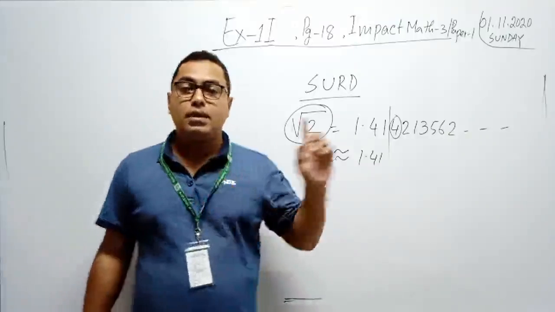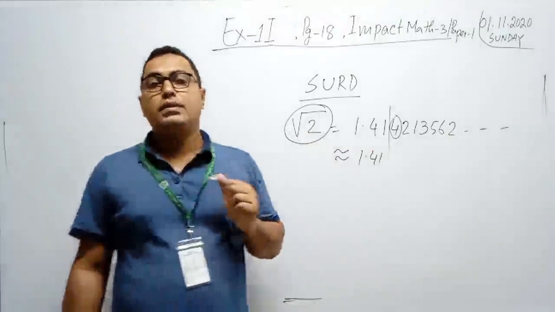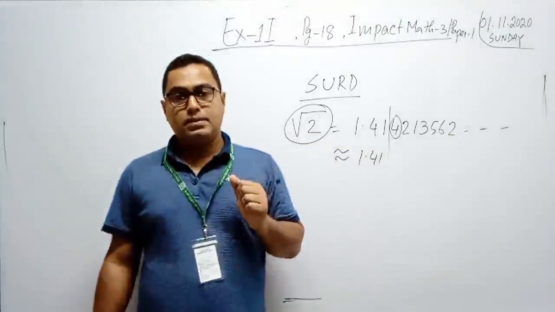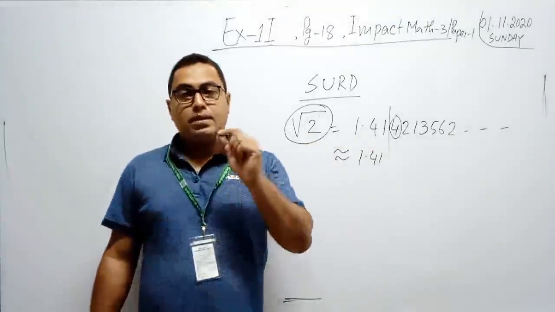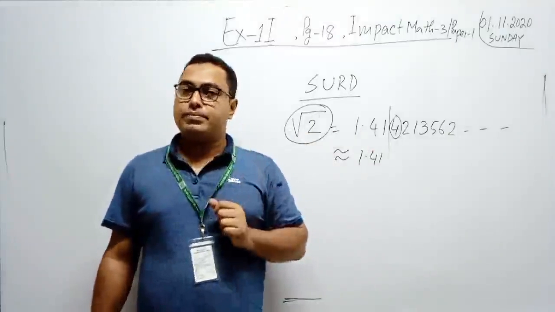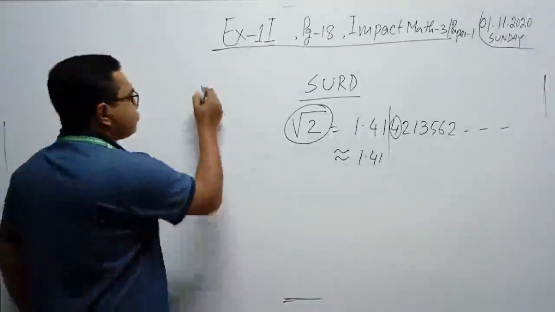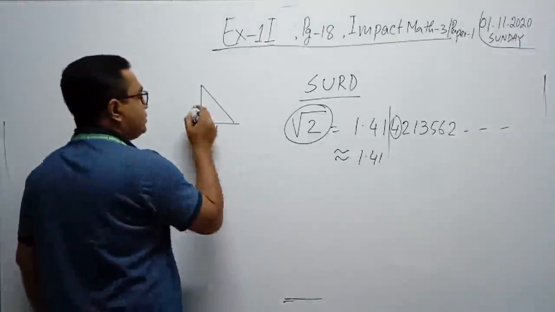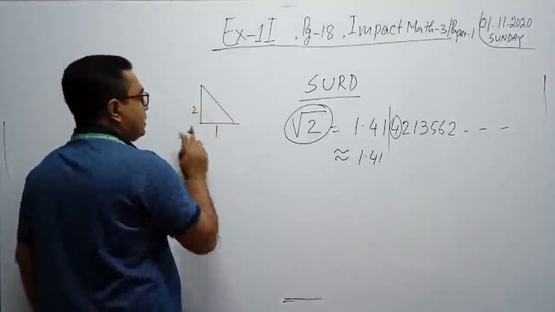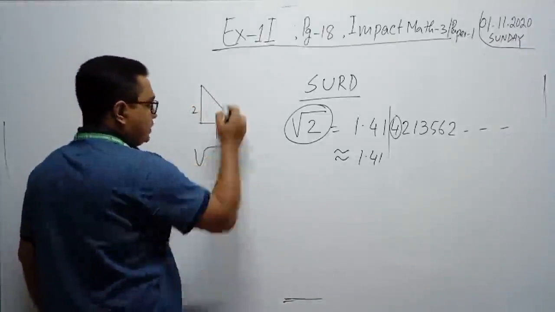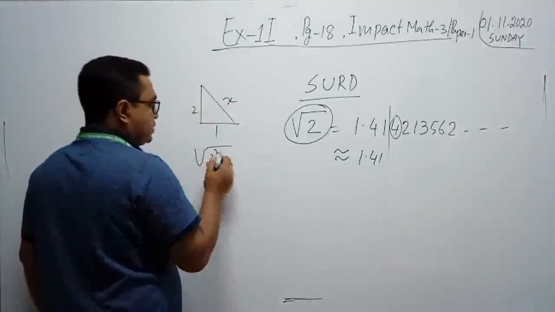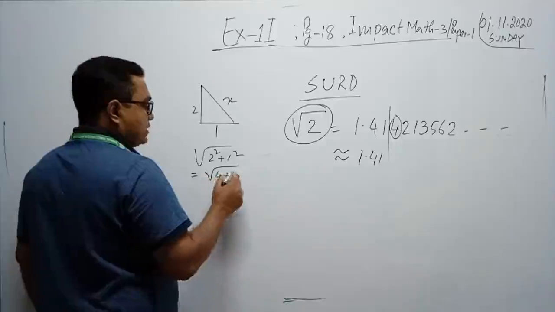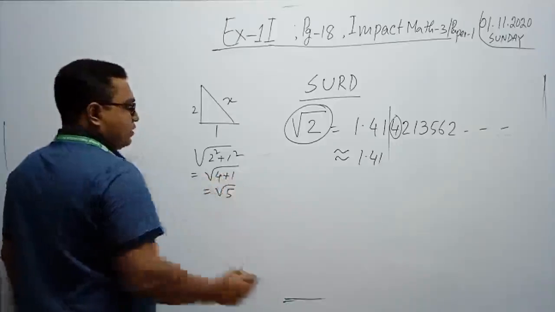In our first monthly, we solved a few maths problems using Pythagoras theorem. Suppose for this triangle, with sides 1 and 2, the hypotenuse x is square root of 1 square plus 2 square, square root of 4 plus 1, square root of 5.